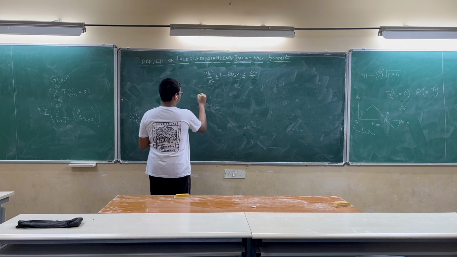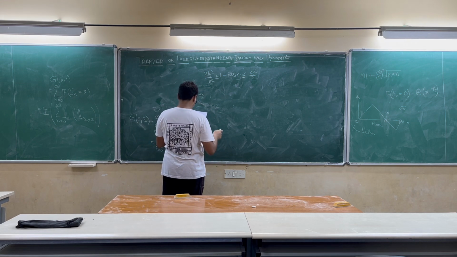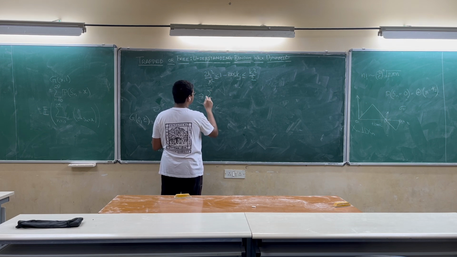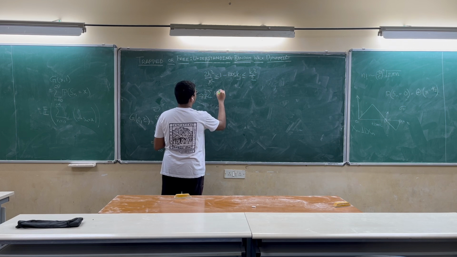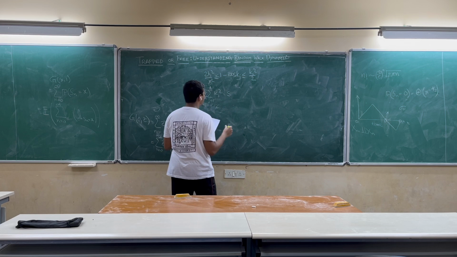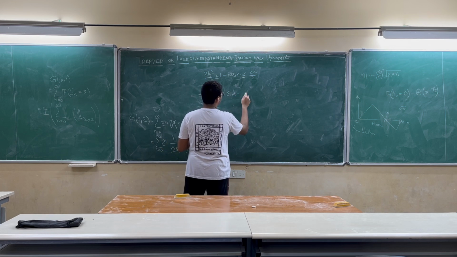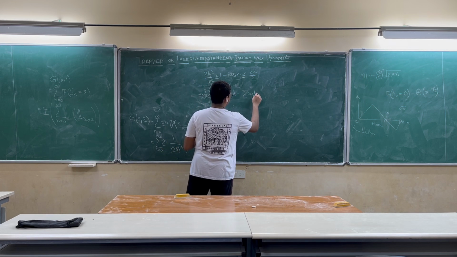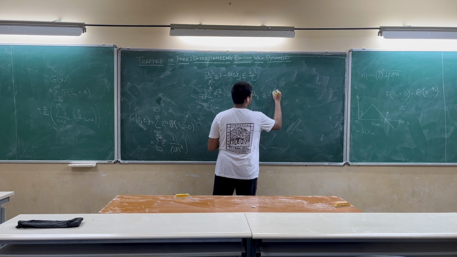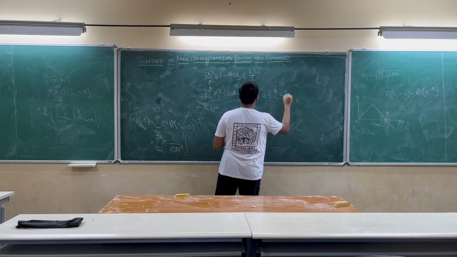And after getting those bounds, whatever we do is basically take summation at both sides, with j from 1 to d. This is equal to d minus the summation of cos k_j, which is bounded by 1 over 2 times the summation of k_j squared.